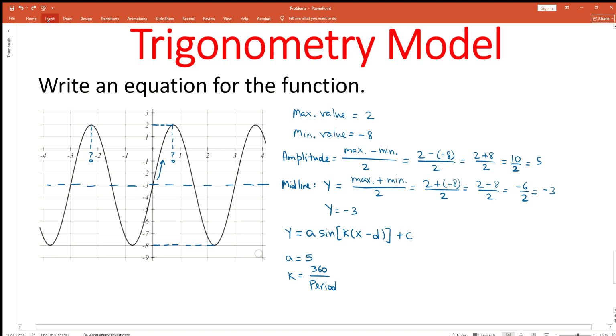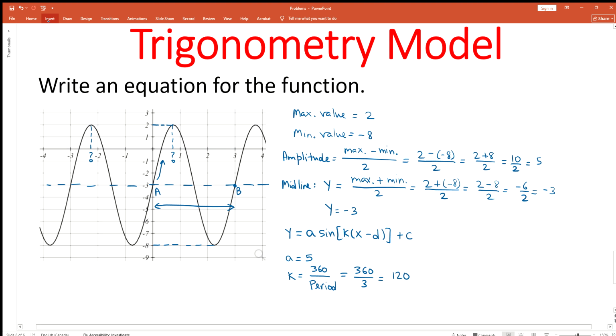As we can see in the given graph, the point where the midline crosses the graph on the vertical axis can be the starting point of a cycle, point A, and the end point of this cycle is point B. These 2 points are 3 units apart. Therefore, the period of this function is 3. So the k value is 120.